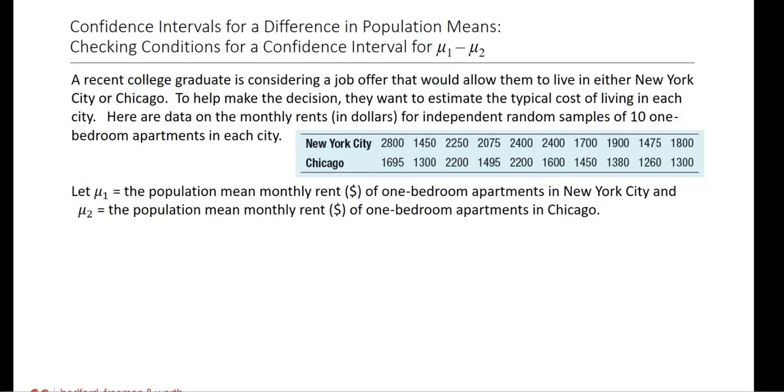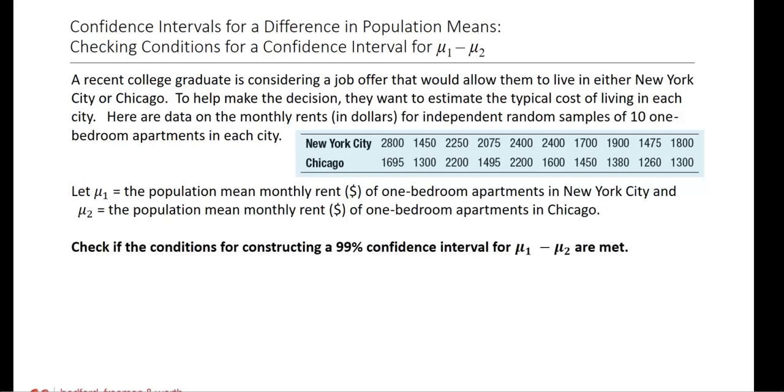So mu1, or I might call that mu New York or NY, is the population mean monthly rent of a one-bedroom apartment in New York City, and mu2, or maybe mu of the CHIC or Chicago, is the population mean monthly rent for one bedrooms in Chicago. Check if the conditions for constructing a 99% confidence interval are met.